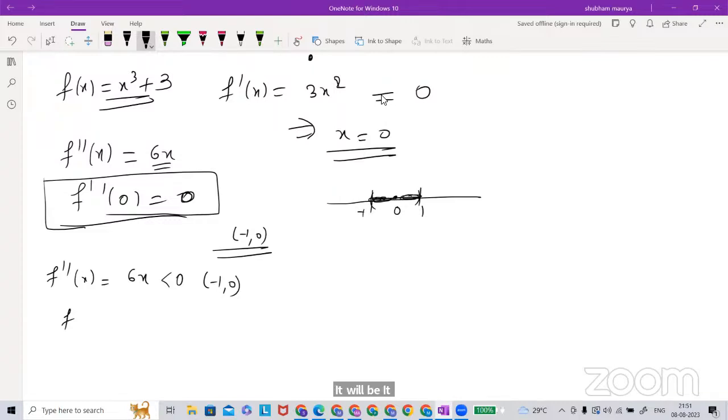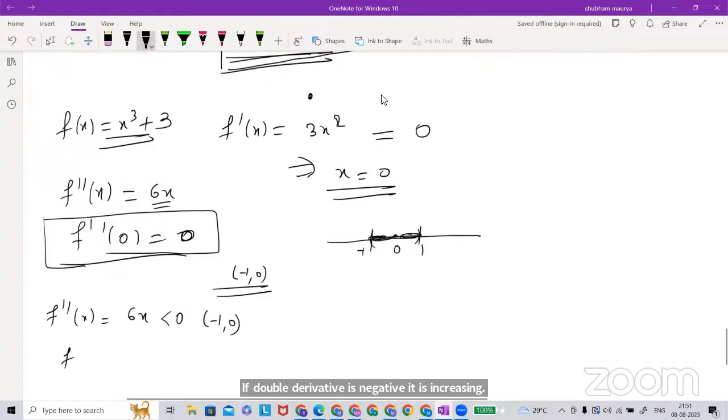It means that the function is decreasing or increasing. If double derivative is negative, it is increasing. I think I'm doing something wrong.